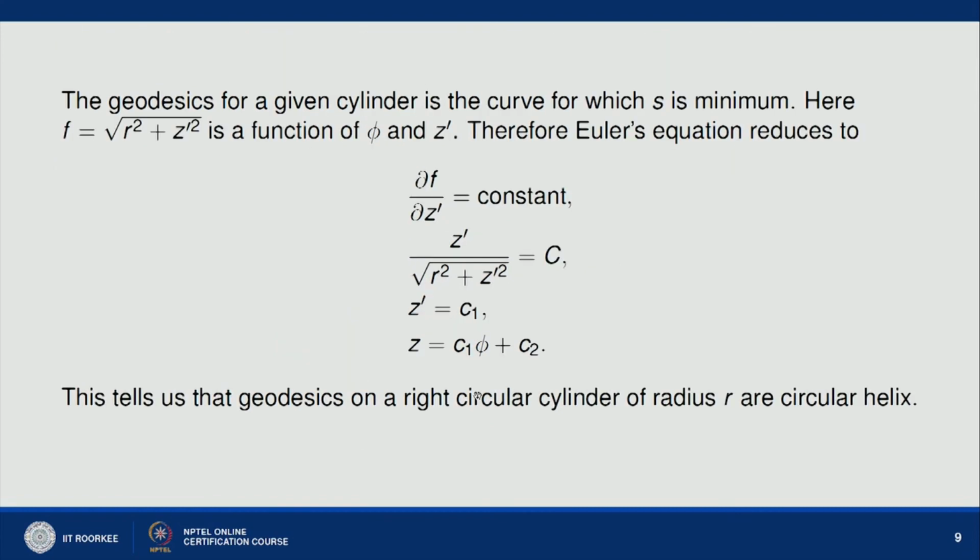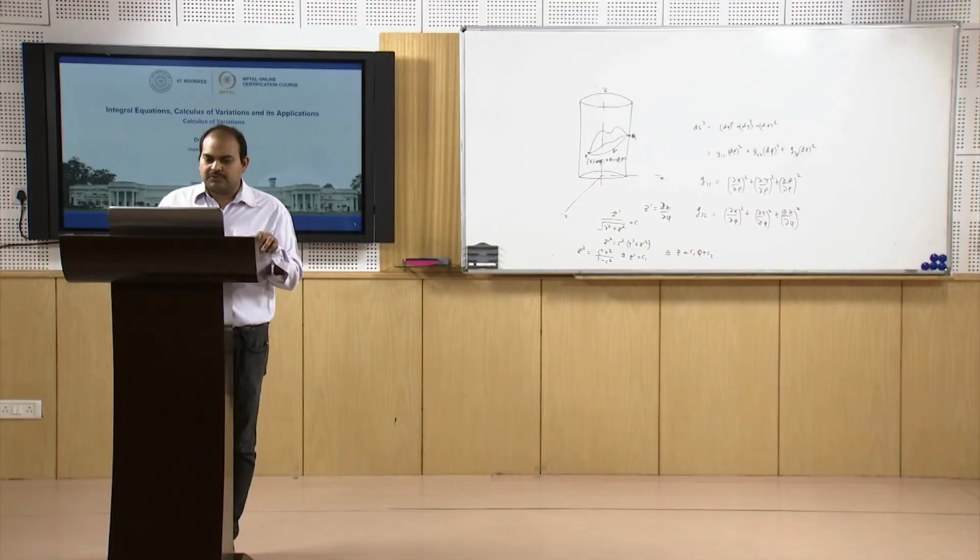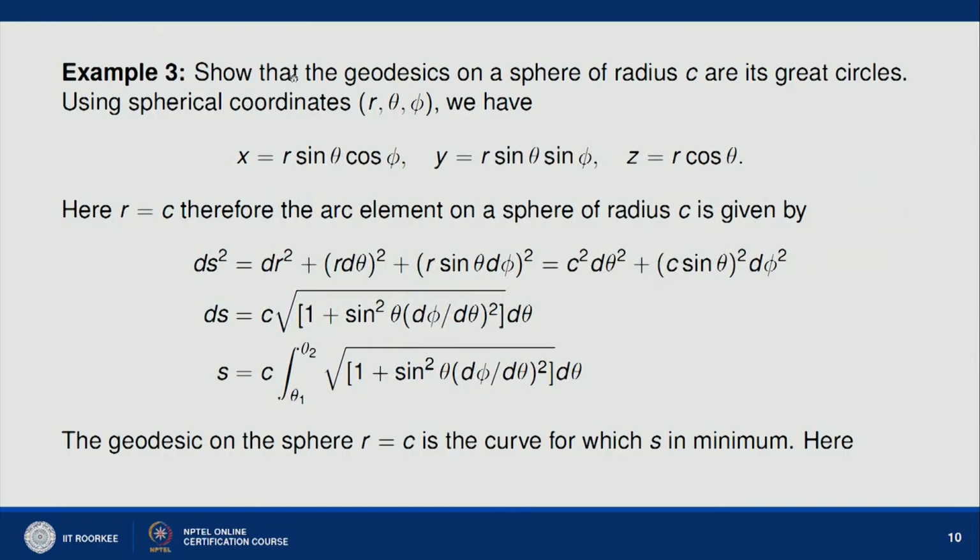Okay, so moving on to the next example. Here we want to find the geodesics on a sphere of radius c, and we want to show that it is nothing but a great circle of this sphere. To solve this problem we use the spherical coordinate system, r theta phi.